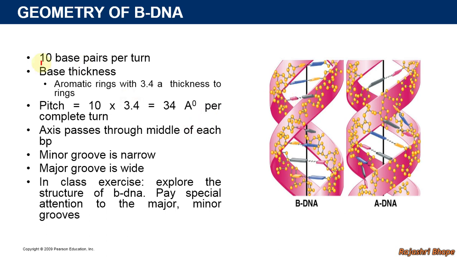Now this bDNA contains 10 base pairs per turn. Pitch is 34 angstrom. Axis passes through the middle of each base pair. Minor groove is narrow, major groove is wide.